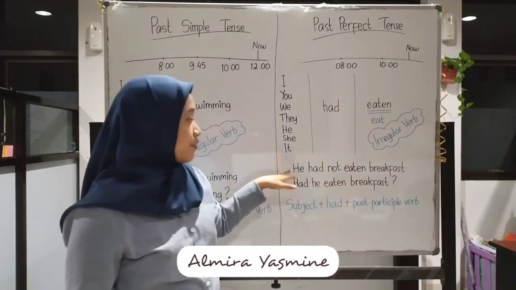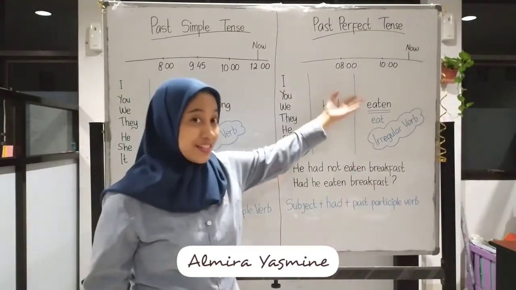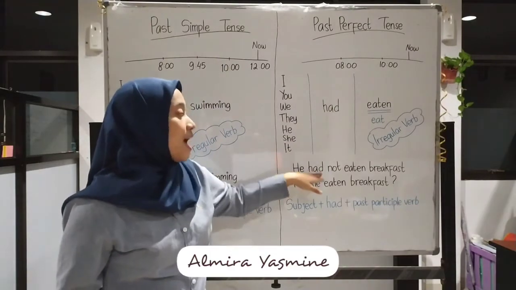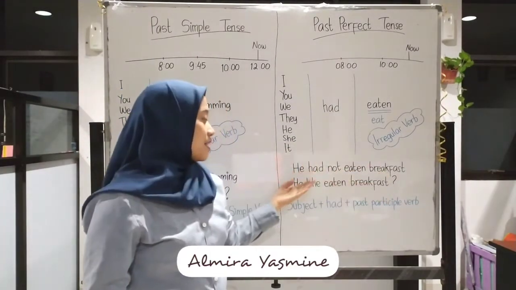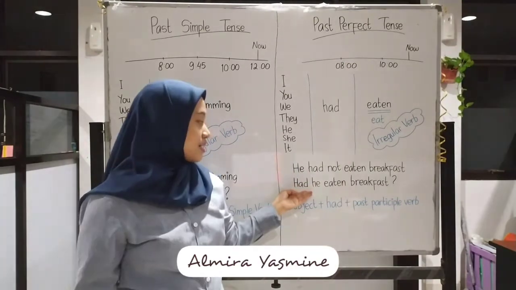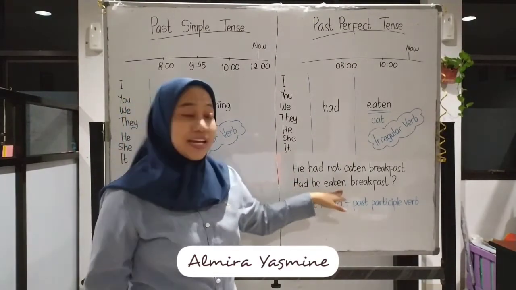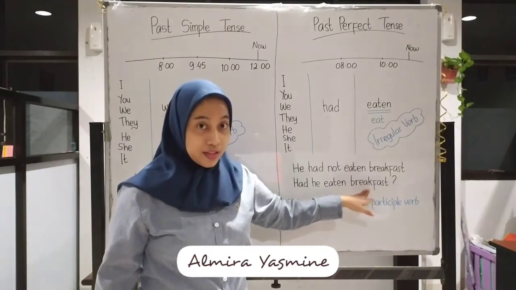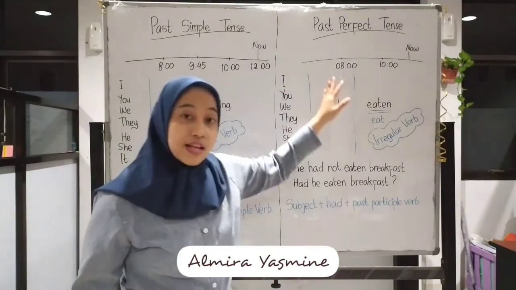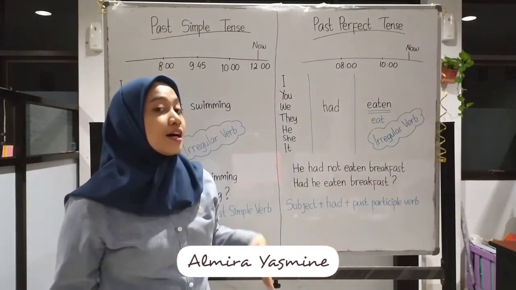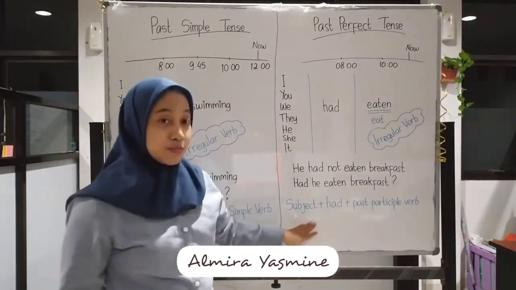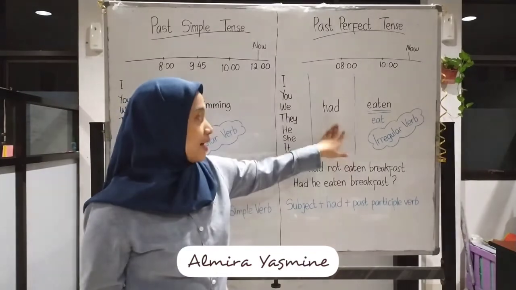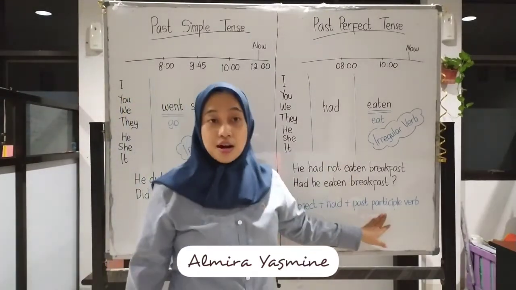The negative form of past perfect tense is "he had not eaten breakfast". The interrogative form is "had he eaten breakfast?" So the formula of the past perfect tense is subject plus had plus past participle verb.